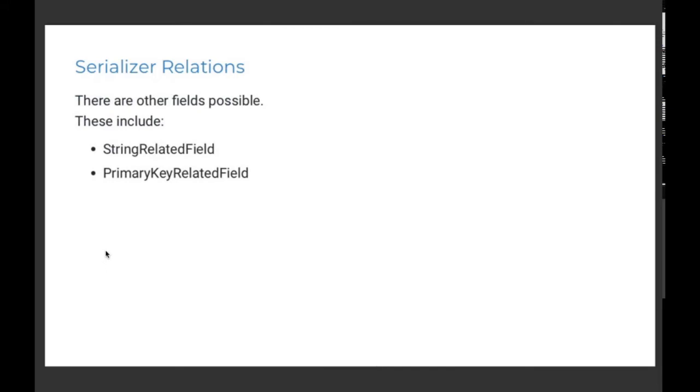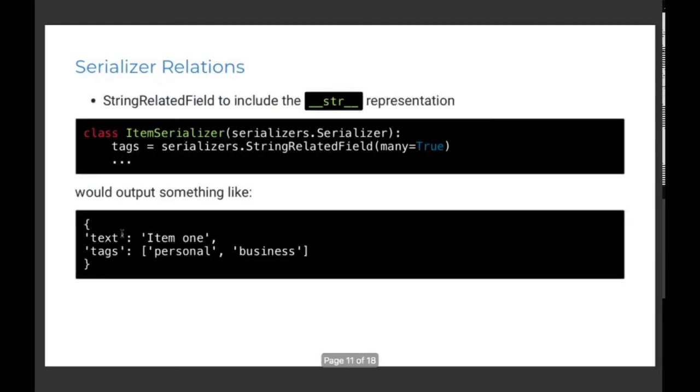Now, there are other fields possible to do these relations instead of just nesting. These include very simple ones that I include here: string related fields and primary key related fields. If I use a string related field, it would just return a list, an array, of the return value of the str model method.